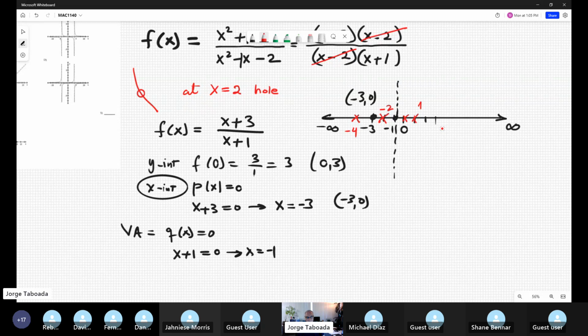So you pick one value representative of each interval. After you determine the x-intercept and vertical asymptote and create the partition, in this example you have 2 partitions, so we have 3 intervals. I pick at least the minimum amount of values, which is 3.